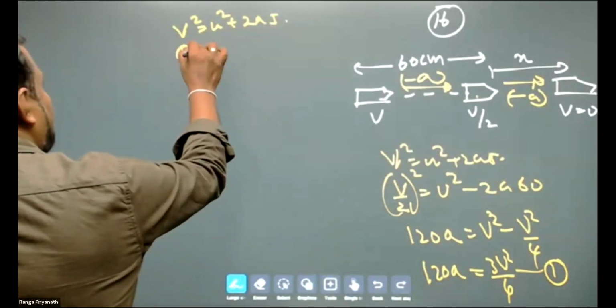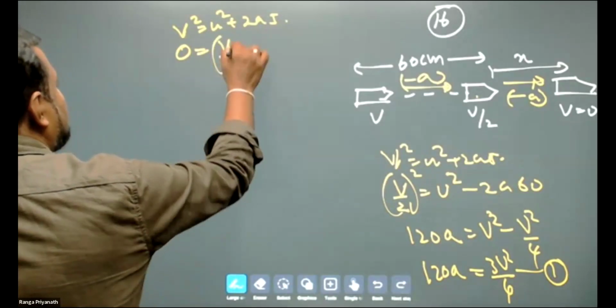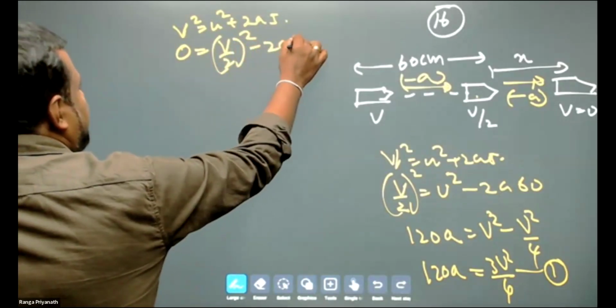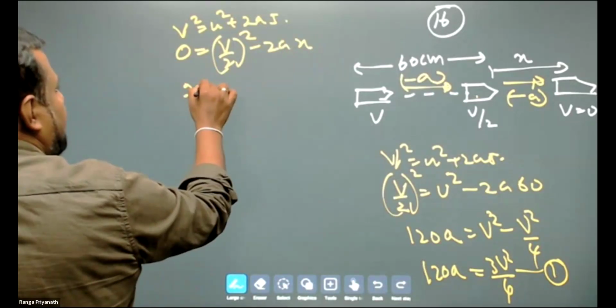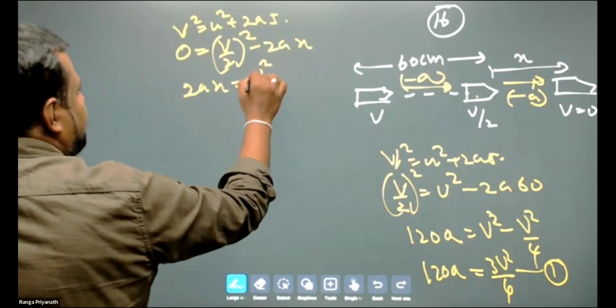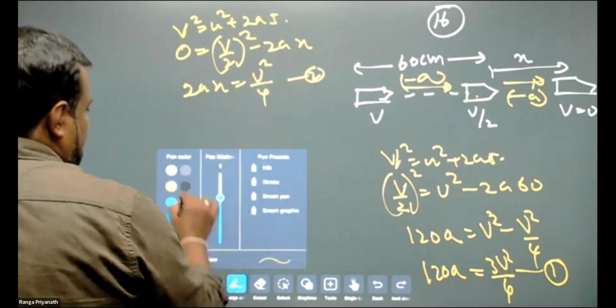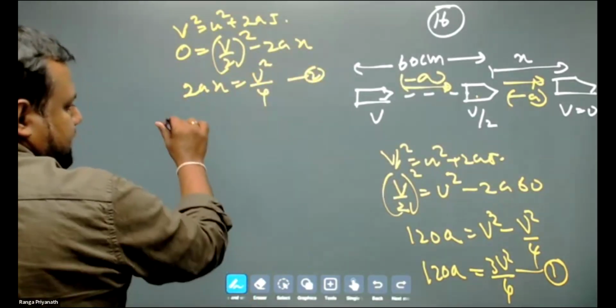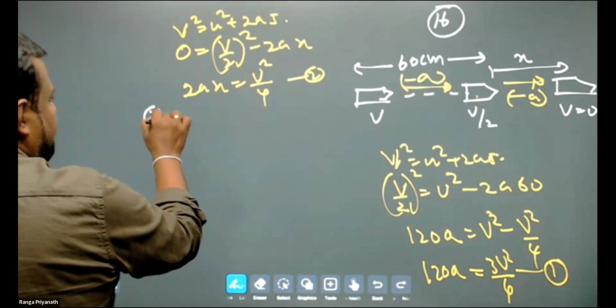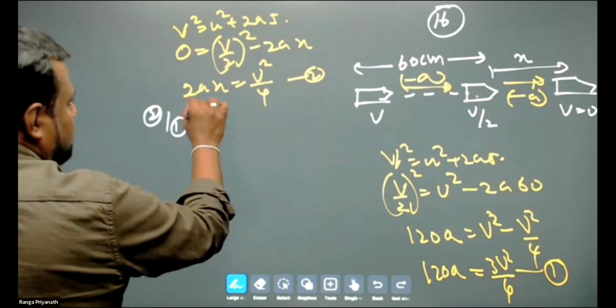Finally it comes to rest; initially it is v by 2. So 2ax equals v squared divided by 4. This is number 2.